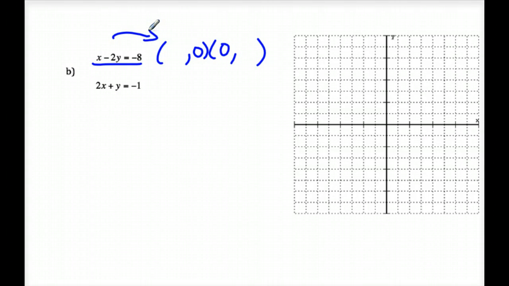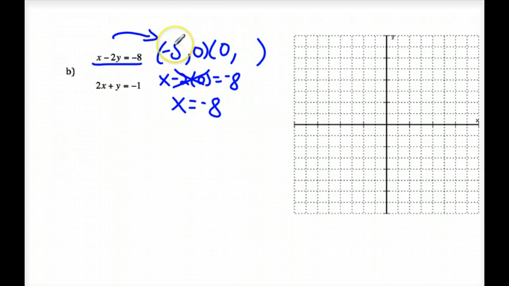This is where we take Y being 0, plug it in. So X minus 2 times 0 equals -8. X equals -8. We don't have to divide both sides by anything. When Y is 0, X is -8. There's the X-intercept. Now, start all over.